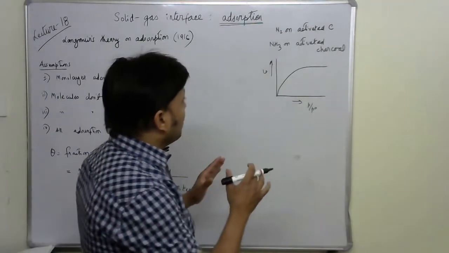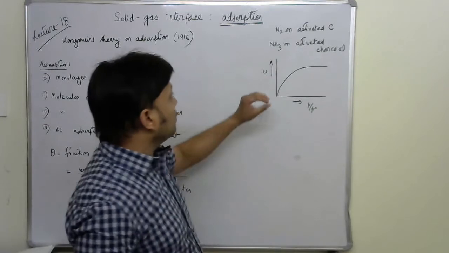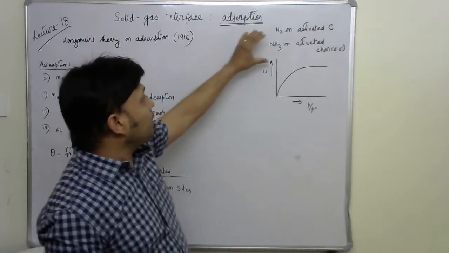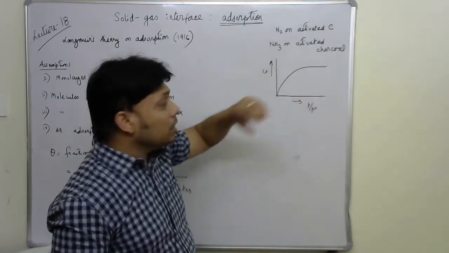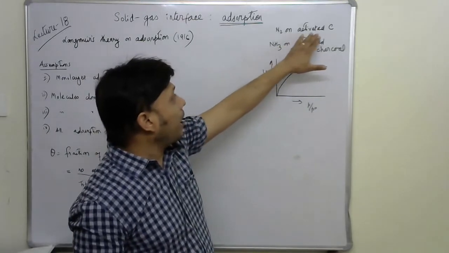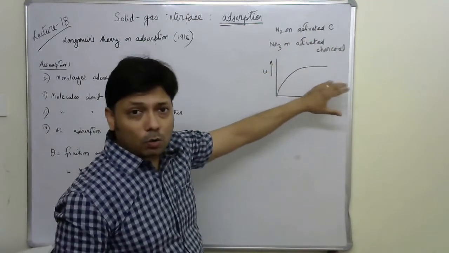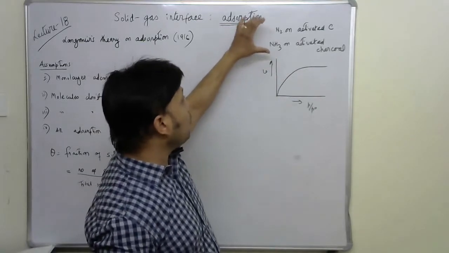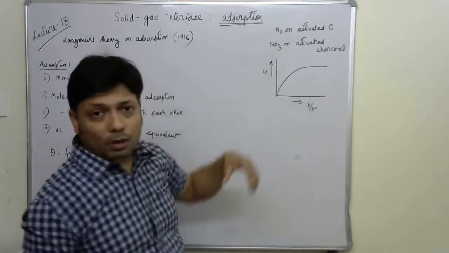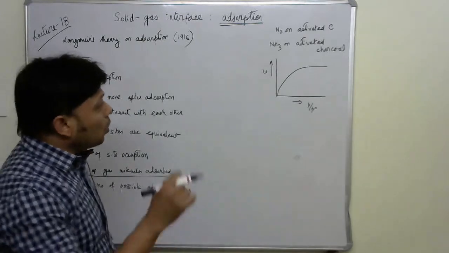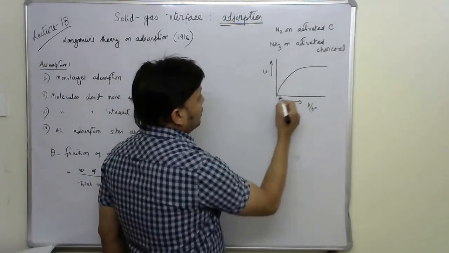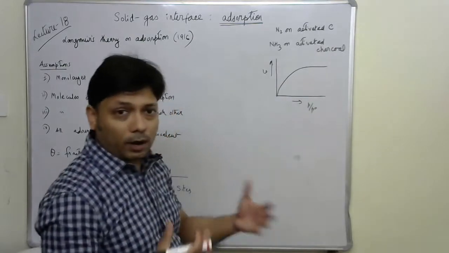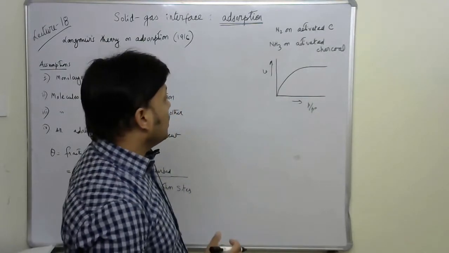And in those times, what people used to observe was the adsorption on common adsorbents. The common adsorbents were either activated carbon or activated charcoal, and the gases they used to study mostly were nitrogen, ammonia, etc. So in those days, such adsorption isotherm plots were available and known.